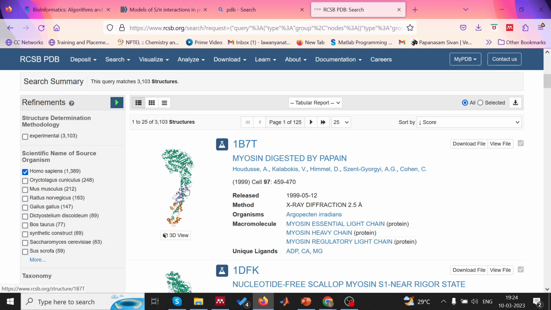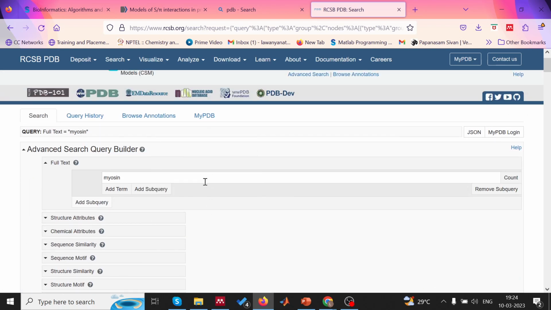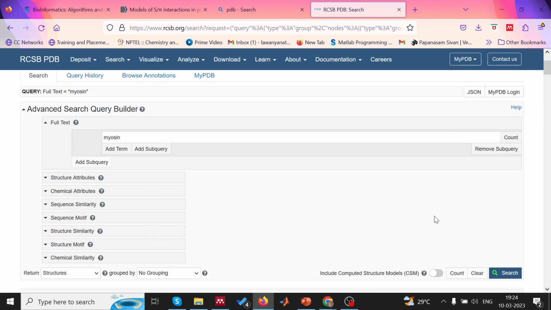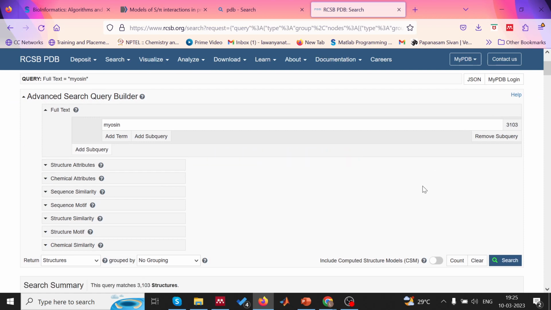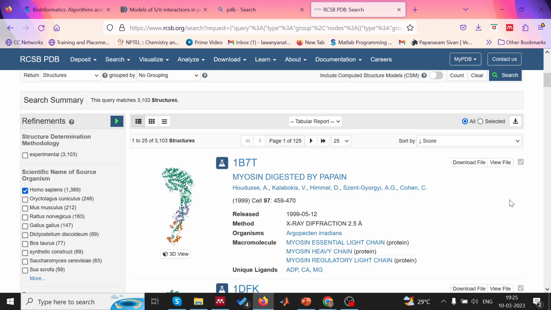We can go into this and probe, but that has already been shown in your lectures as well as the PDB demo. So I thought I will look into this, and I'm looking into it right now when I'm doing this. So if you click on this count, you can see this 3103 displayed here. Now I'm going to click search after refining the results.